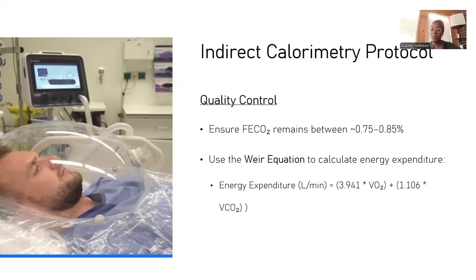If the FeCO2 decreases below 0.75, we decrease the flow rate, and the flow just comprises oxygen coming into the plexiglass hood. And if your FeCO2 is too high, we increase the flow rate so you have more oxygen coming in.